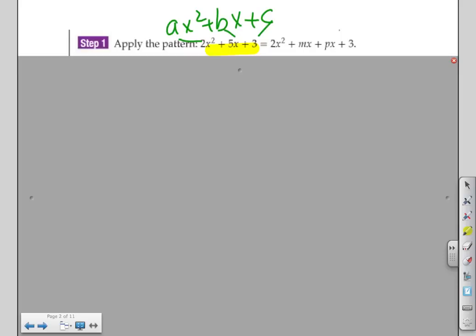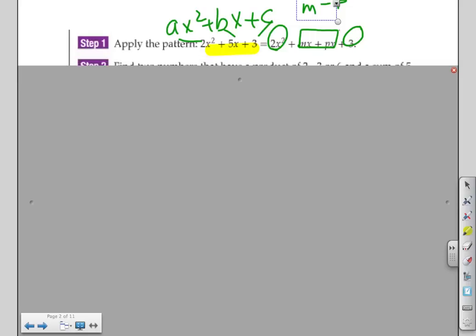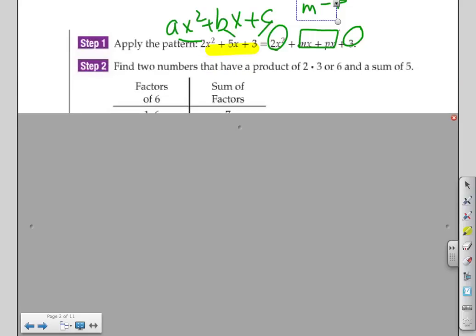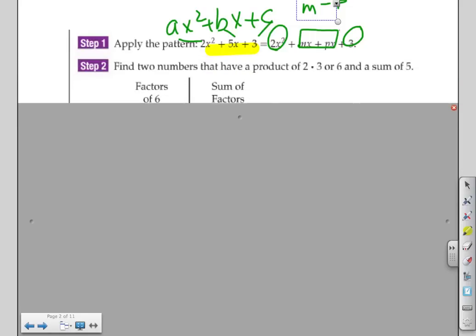Let's look at the 2x squared and look at the 3. Remember this is like m plus p that we talked about before when we were solving it when the a was 1. So we're going to do basically the same thing. It's just a little bit different.